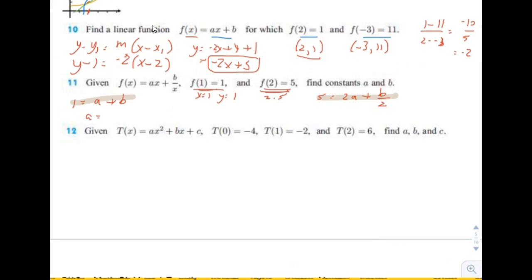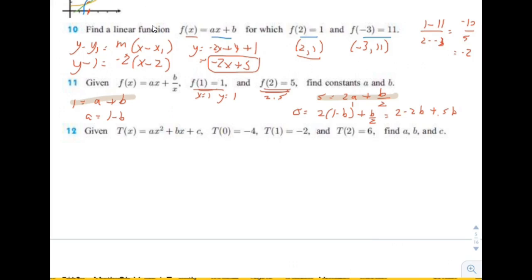So first we're going to have a equals 1 minus b. And then we're going to put it here. So we're going to have 5 equals 2 times (1 minus b) plus b over 2. So that gives us 2 minus 2b plus 0.5b.